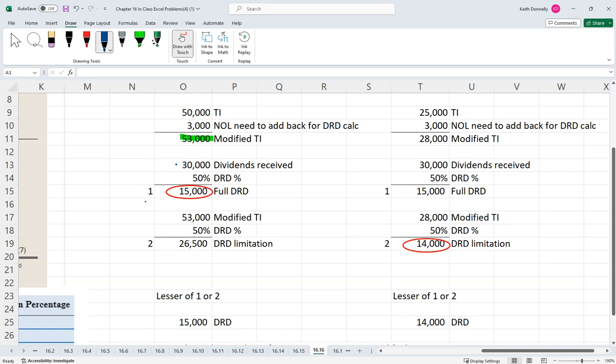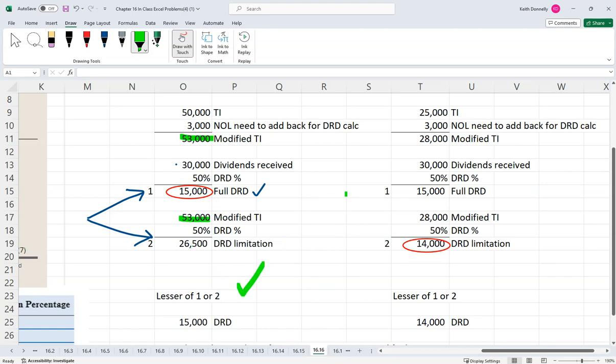We get a 50%. That's our full DRD. But remember, we said that's at the end of the rainbow. We have to pick the lower of the full DRD or our modified taxable income times the same percentage. So here, 15 versus 26.5, 15 is smaller, that's what you get.